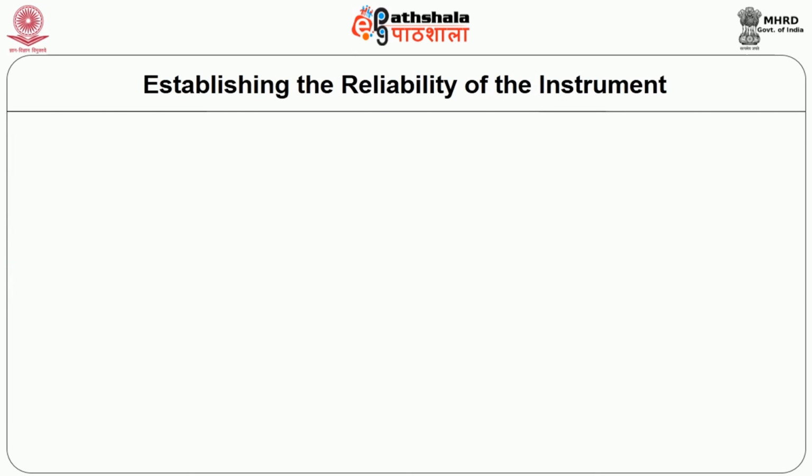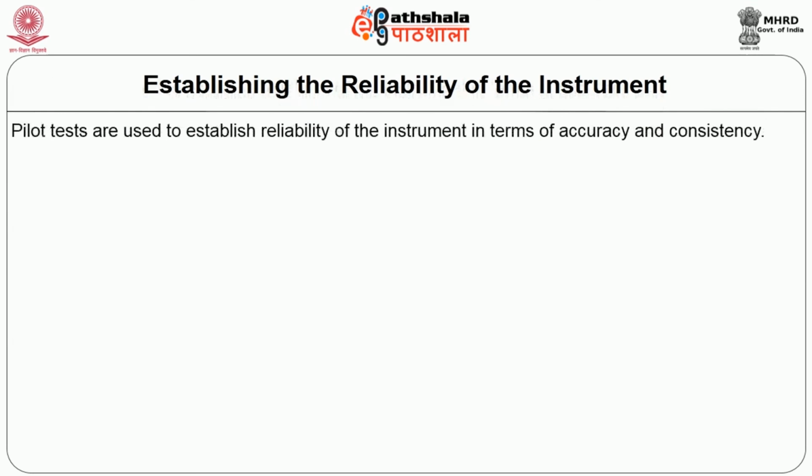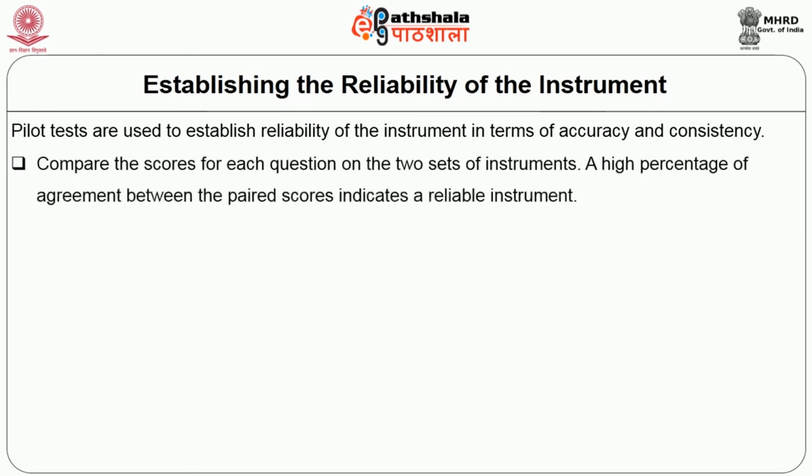Next, we come to establishing the reliability of the instrument. How do you establish the reliability of the instrument? Pilot tests are used to establish reliability of the instrument in terms of accuracy and consistency. The general procedures are as follows. Compare the scores, referred to as paired scores, for each question on the two sets of instruments.